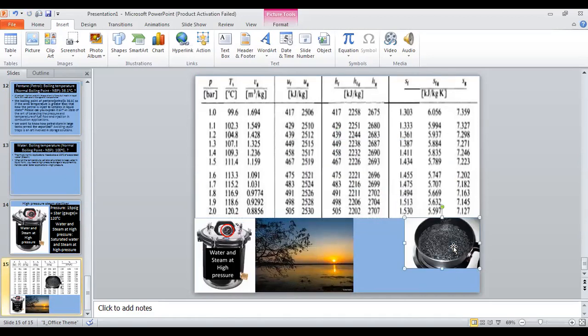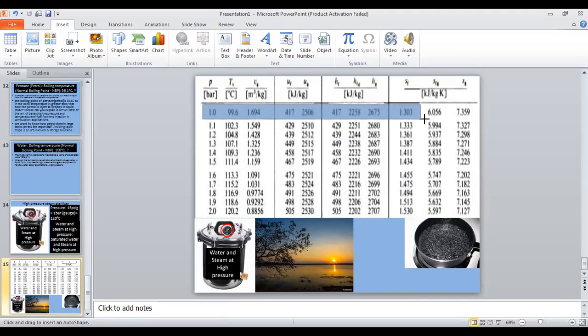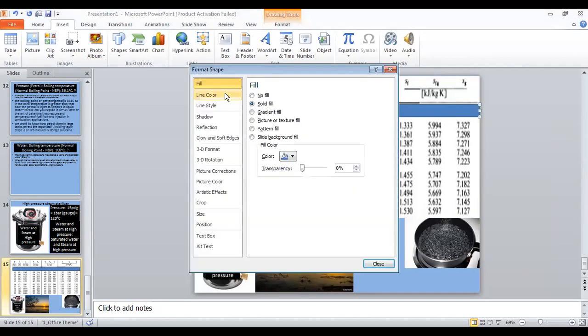So this one is for this atmospheric condition. Thermal application, okay, heating of water.